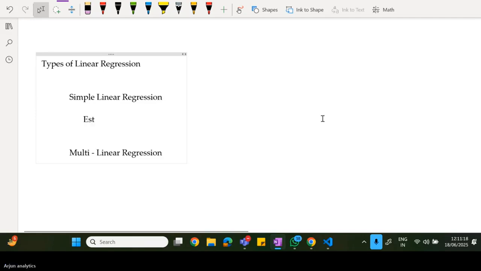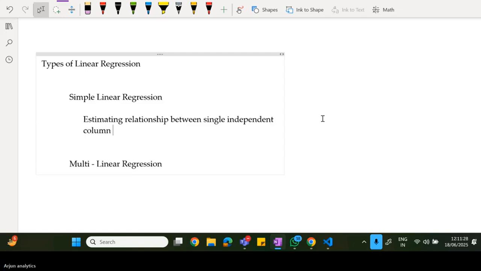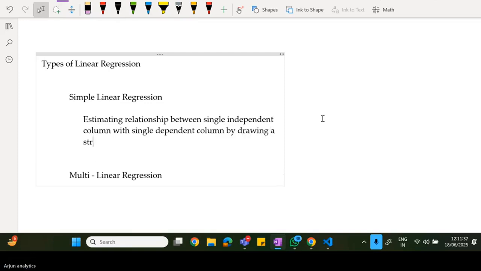So, estimating the relationship between a single independent column with a single dependent column by drawing a straight line is called simple linear regression.